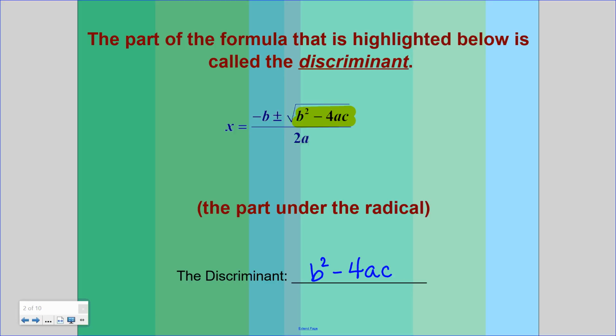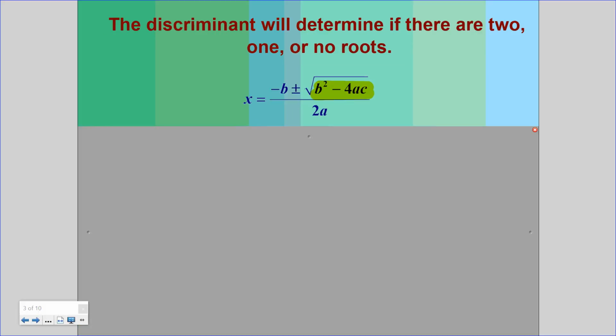What we will find is that the value of this discriminant, whatever b squared minus 4ac simplifies to, will tell us how many roots our quadratic equation will have when it graphs. So the discriminant will determine if there are 2, 1, or no roots.